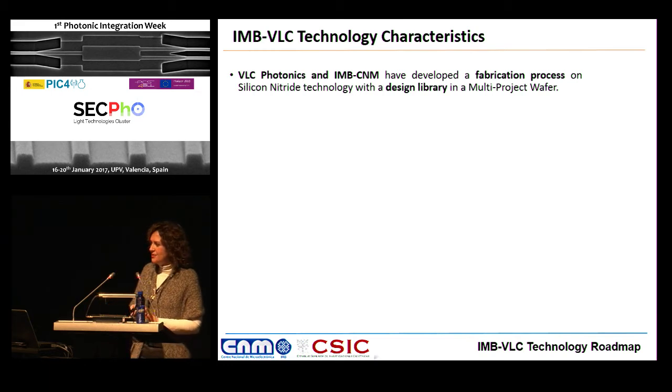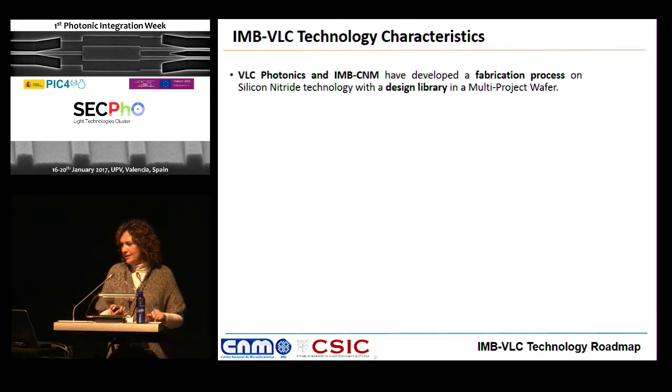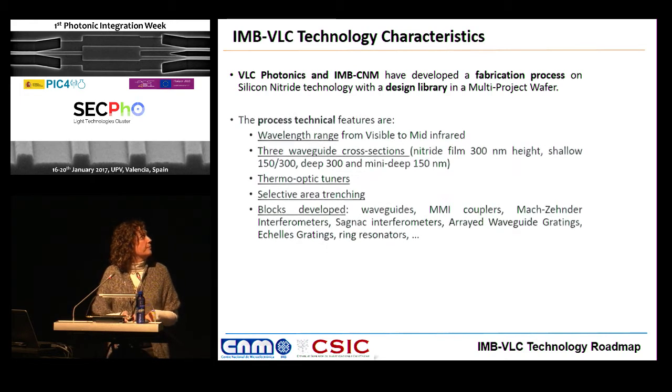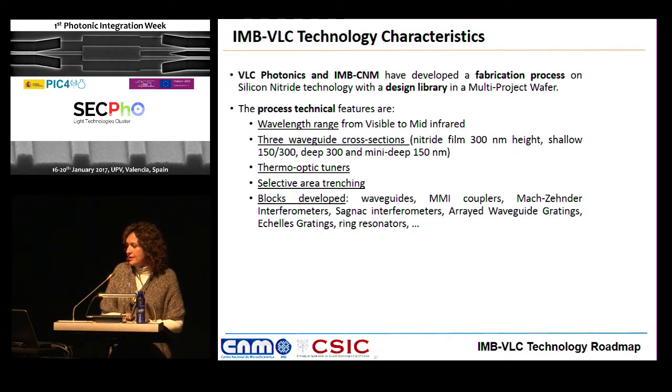For this reason, VLC Photonics and IMB-CNM have developed a fabrication process based on silicon-nitride technology with a design library in a multi-project wafer. As you have seen in the past slide, the wavelength range is very wide, from visible to mid-infrared.